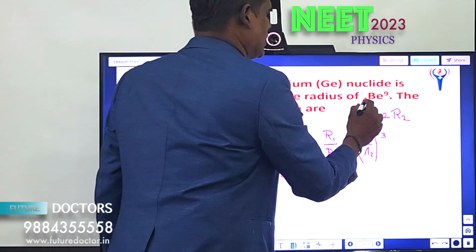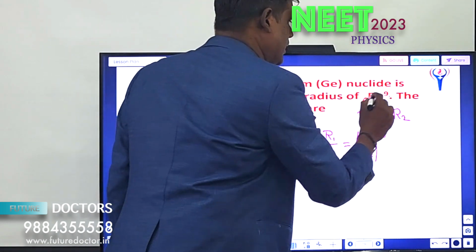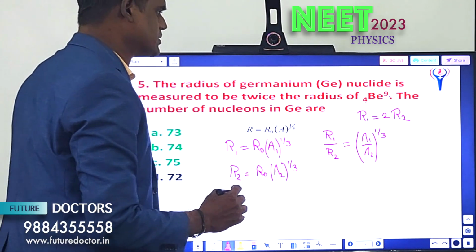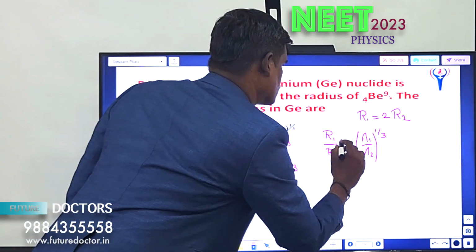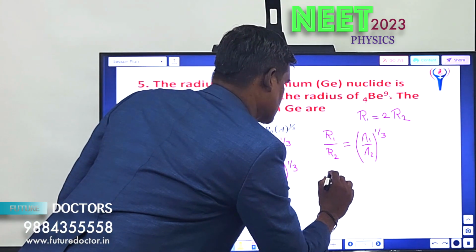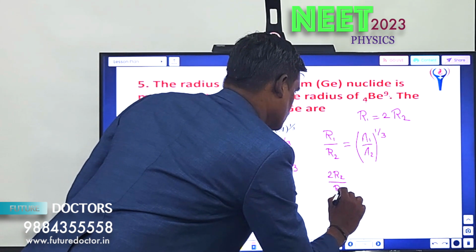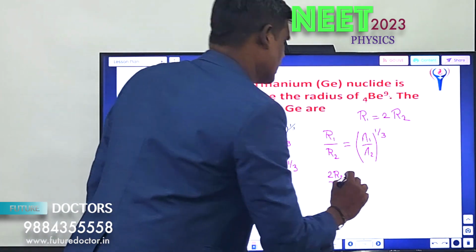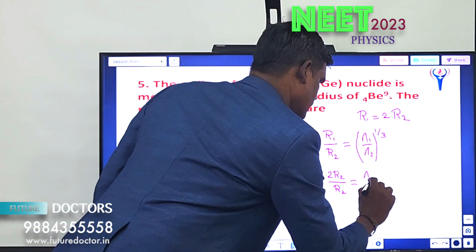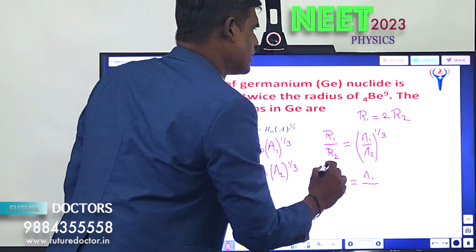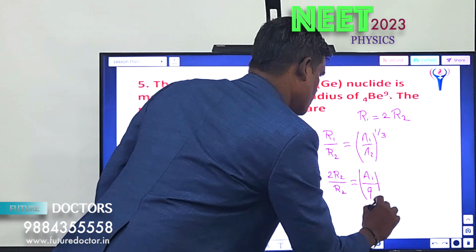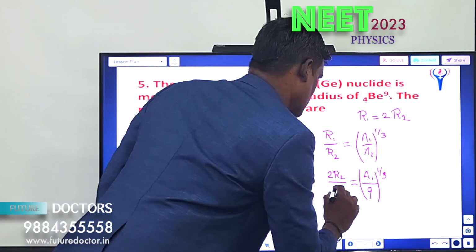In Be 9 4, 4 is the atomic number and 9 is the mass number. So 9 is given. Then R1 by R2. R1 equal to 2R2. Substitute 2R2 by R2 equal to A1, which we want to find, divided by A2, which is 9, whole power 1 by 3.